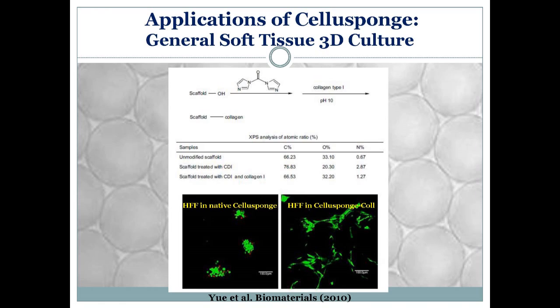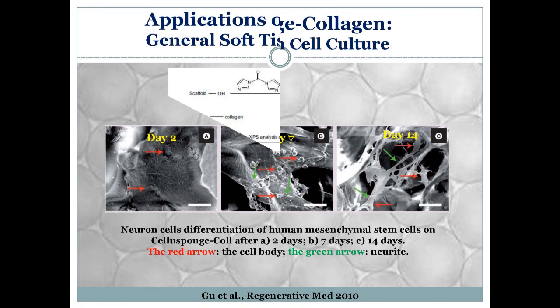Both of them form spheroids, but on the right, spheroids connect, or you could say communicate, to one another. That is to say, HFF is in the spreading morphology due to enhanced cell matrix interaction with improved cell viability.